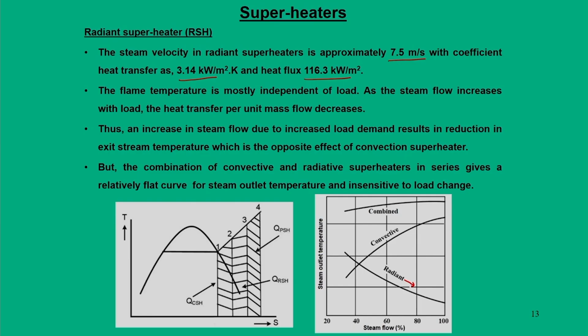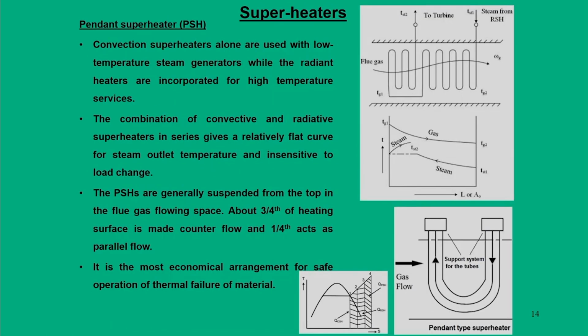So, basically the most appropriate choice is to use a combination mode, that is convective and radiative superheaters, and such superheaters are known as pendant type superheaters. A pendant type superheater is normally in the region of 3 to 4. When you go for higher degrees of superheating, pendant superheaters are like inverted U tubes exposed to the gas flow.